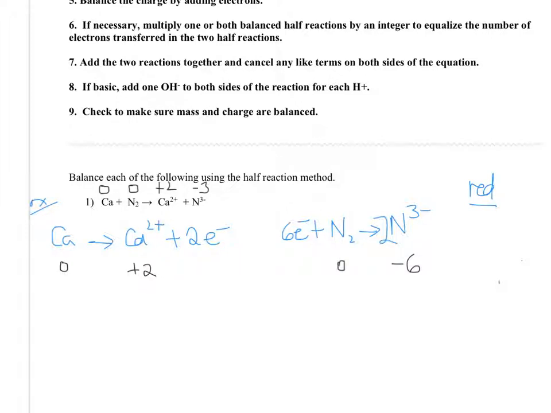The next step, step 6, says, if necessary, multiply one or both balanced half reactions by an integer to equalize the number of electrons transferred in the 2 half reactions. So what that's saying is we want the number of electrons here and here to be equal to each other.